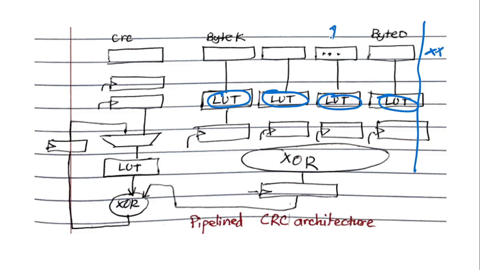If this is byte 1, then we know that there's 8 bits of 0 behind it, and next it would be 16 bits of 0 behind it, and so on. So there is this evolution using how many zeros are following it in that given word. That is what these lookup tables would have. This lookup table would be 0, this lookup table would be 8, this lookup table would be 16, and so on till you reach byte k. The kth byte will have k minus 1 times 8 zeros behind it, right?